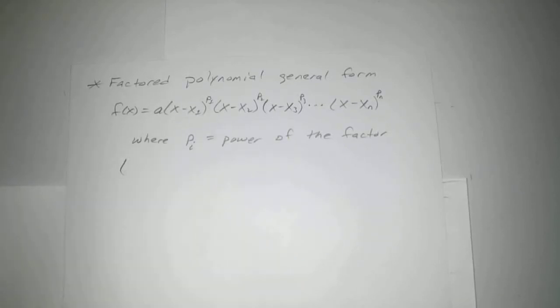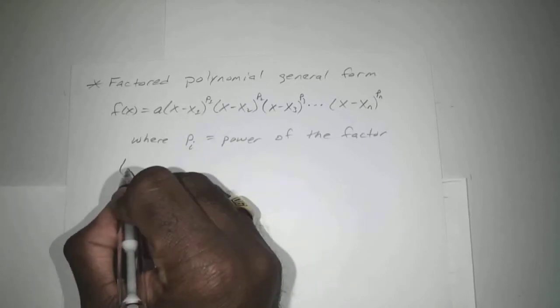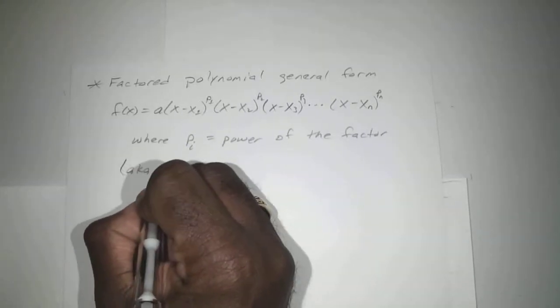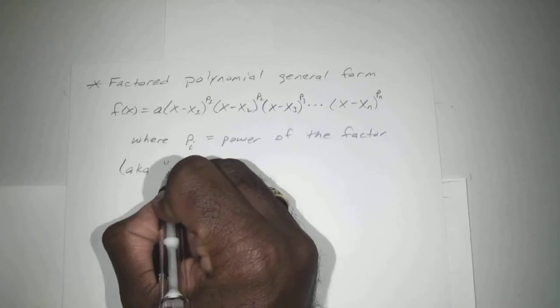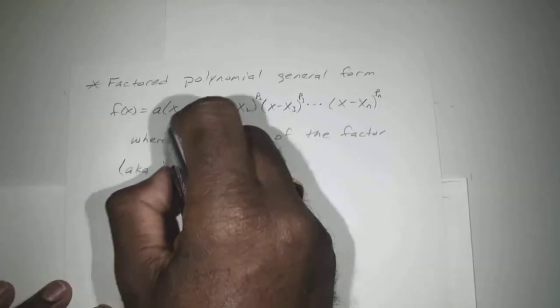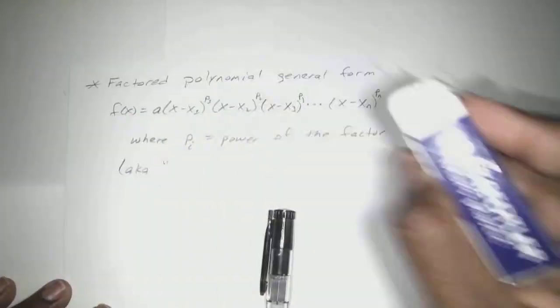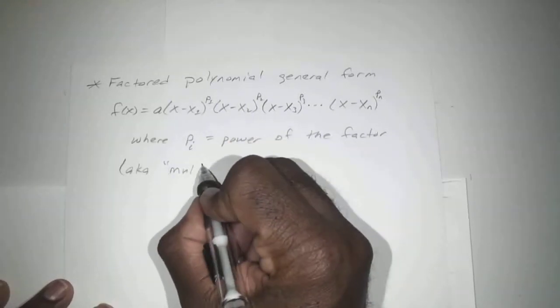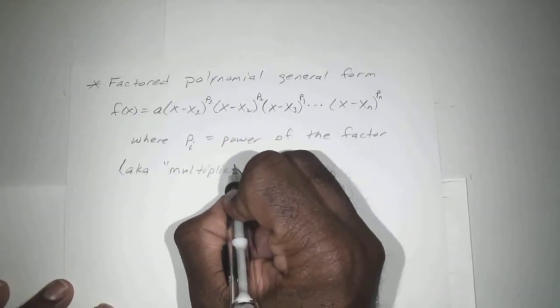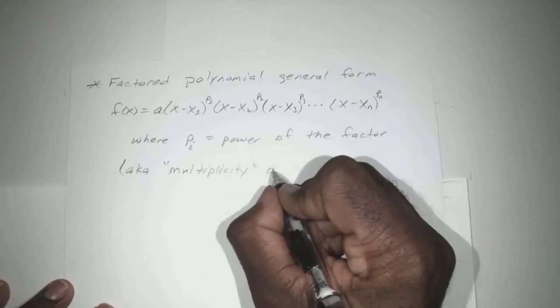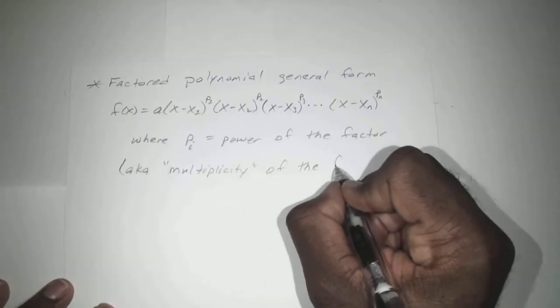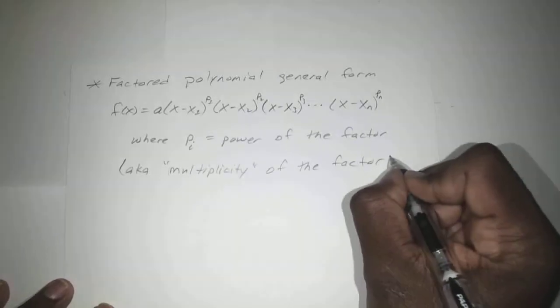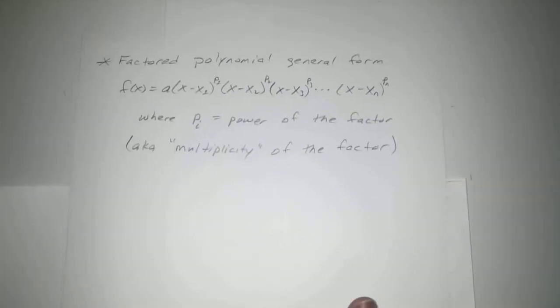I guess it makes them feel smart. Okay, so when you see multiplicity of the factor, they just mean the power of that particular factor.